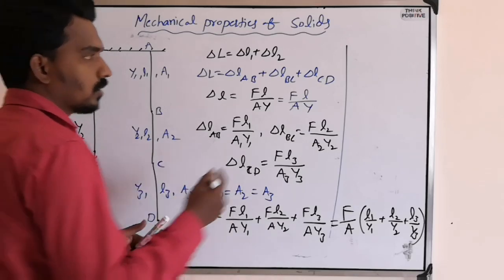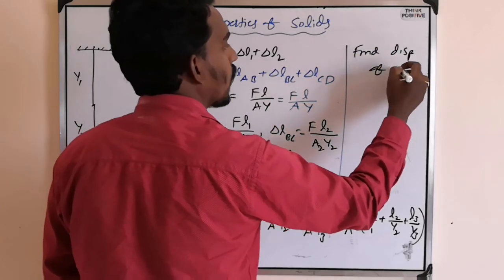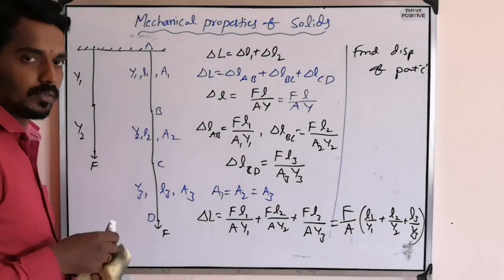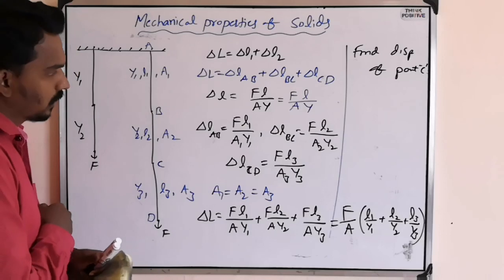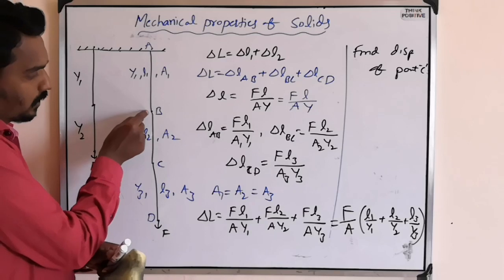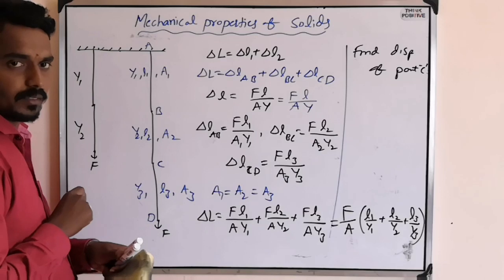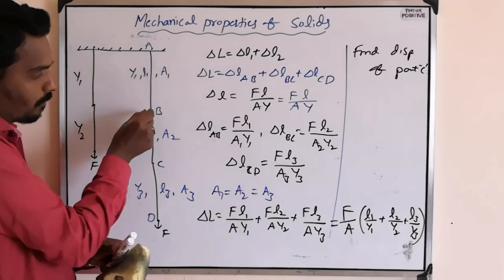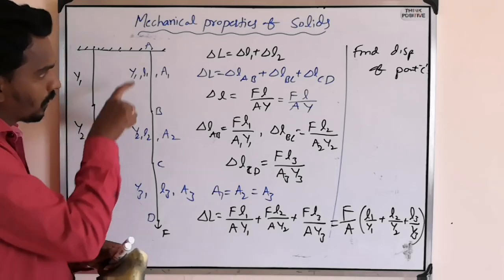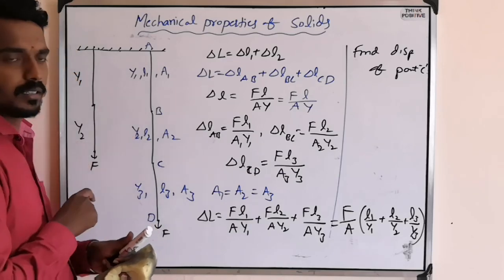Like, they'll ask you, find the displacement of point C due to application of this load. See, when you talk about point B, this will come down because of extension in AB. Because of extension in AB, B will come down. But C will come down because of extension in AB as well as because of extension in BC.